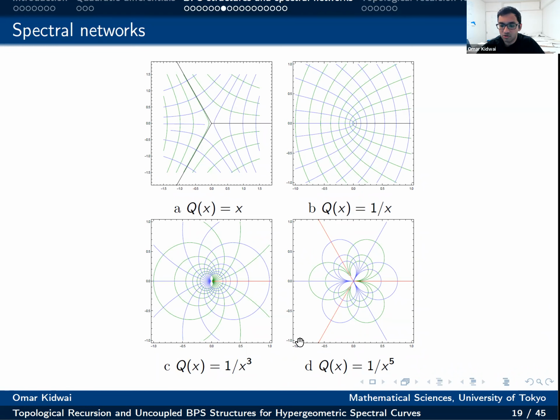And if I have a higher order pole of order n, the structure is always like this: I have n-2 red rays to which every curve in the foliation will asymptote. And essentially, this is the unique local structure at every such point.